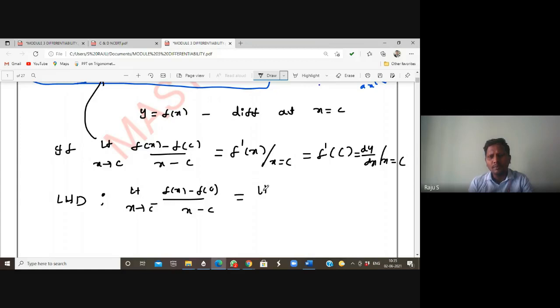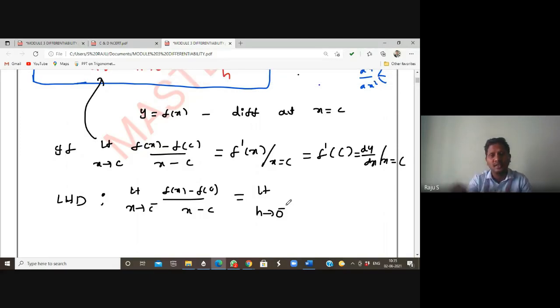Or this can also be written in terms of h: h tends to 0 minus, here always h tends to 0, not h tends to c, of (f of c plus h minus f of c) by h. So c minus means left hand derivative.